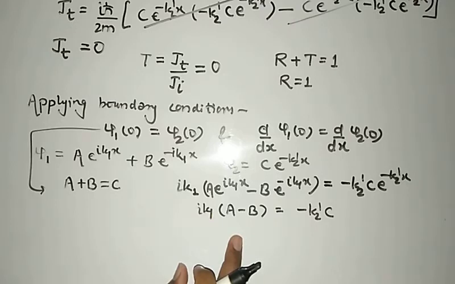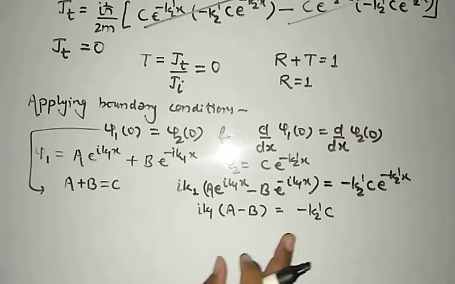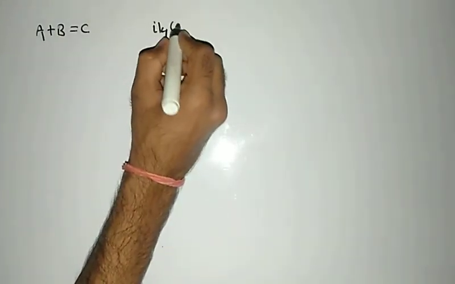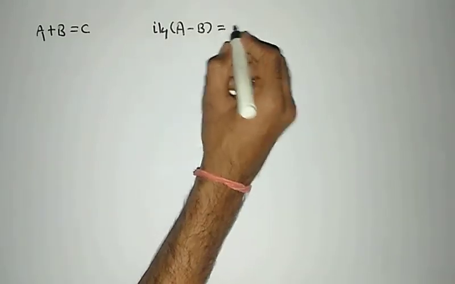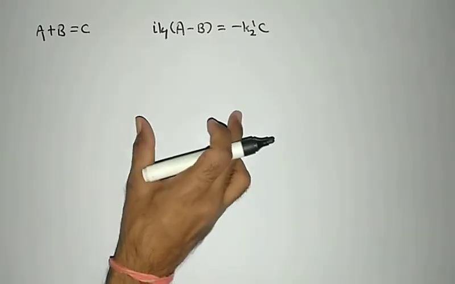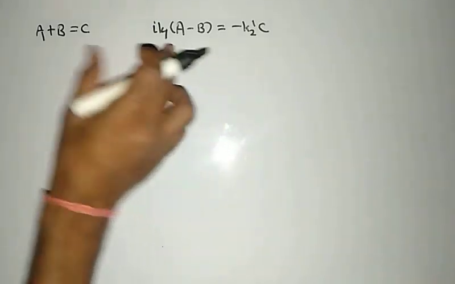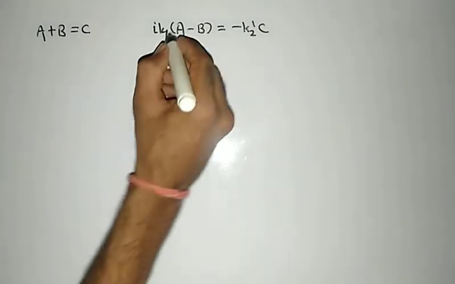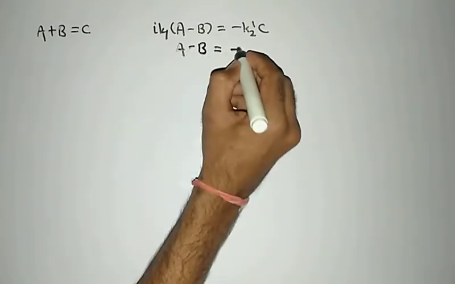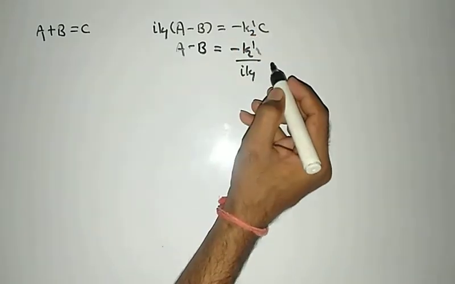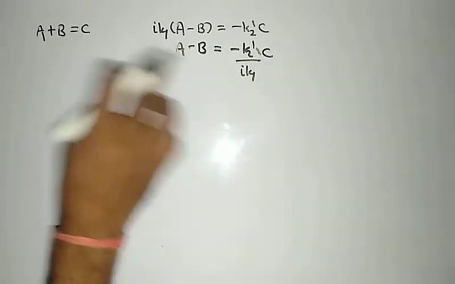This is also an easy one. We get A plus B is equal to C, and ik1 (A minus B) is equal to -k2' C, and we have to use these to find the relation between B and A and C and A, so that we can see R and T. Now look, for this calculate (A minus B) times -k2'/(ik1), and C. Just divide both.